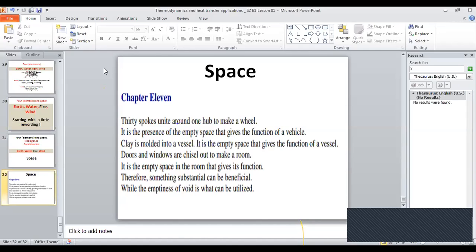That is what we call a merchant vessel. So vessel is for boats and ships, especially the big boats and ships, mainly ships that sail in the seas. Anyway, this mentions that clay is molded into a vessel.